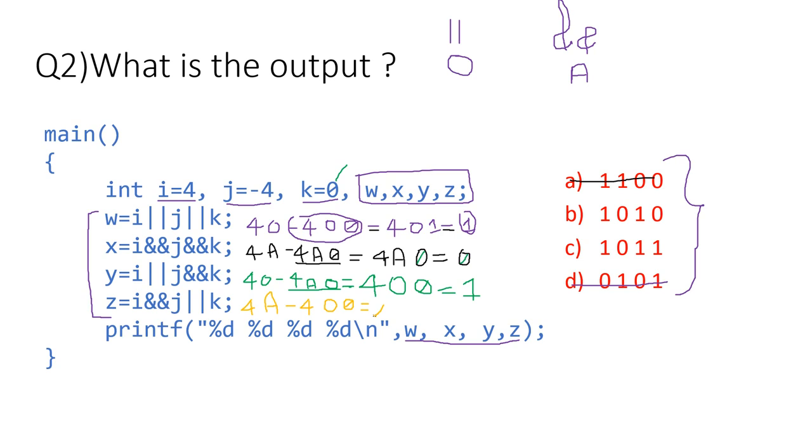Minus 4 or 0, you're going to get 1. So 4 or 1, got it? So minus 4 or 0 you're going to get 1, and 4 or 1 you're going to get 1. So 1 0 1 1, so you can rule out option B, and option C is the right answer.